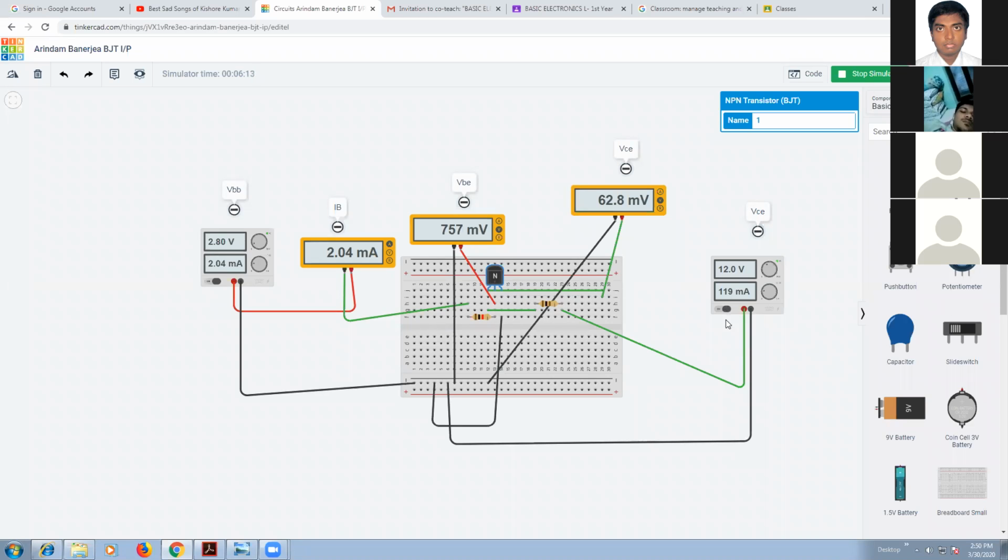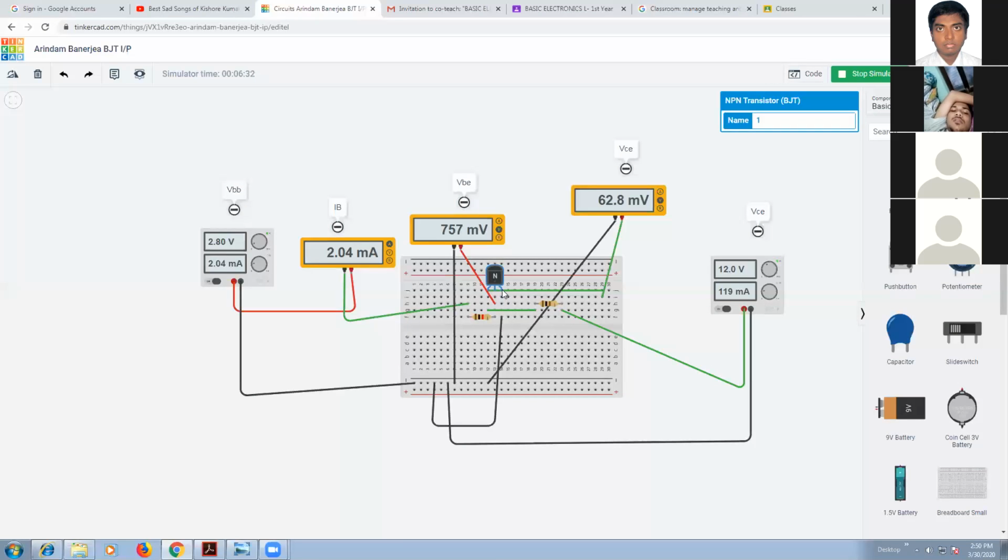Okay, thank you. Now I am repeating again, this positive terminal we have to connect with this terminal of this resistor. Then this resistor we connect in series with the collector terminal.